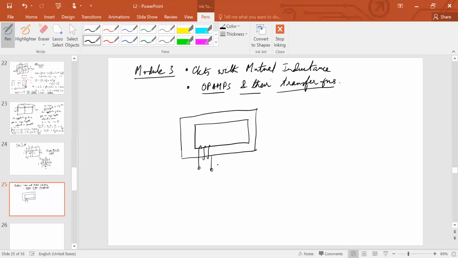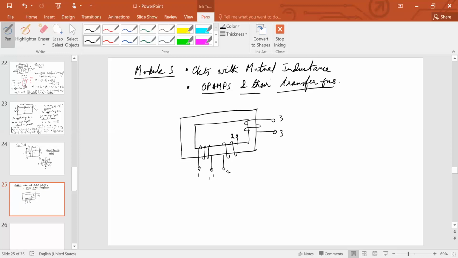This is 1 dashed. Then you have this winding, this is 2 dashed, and you have another winding like so, this is say 3 dashed.